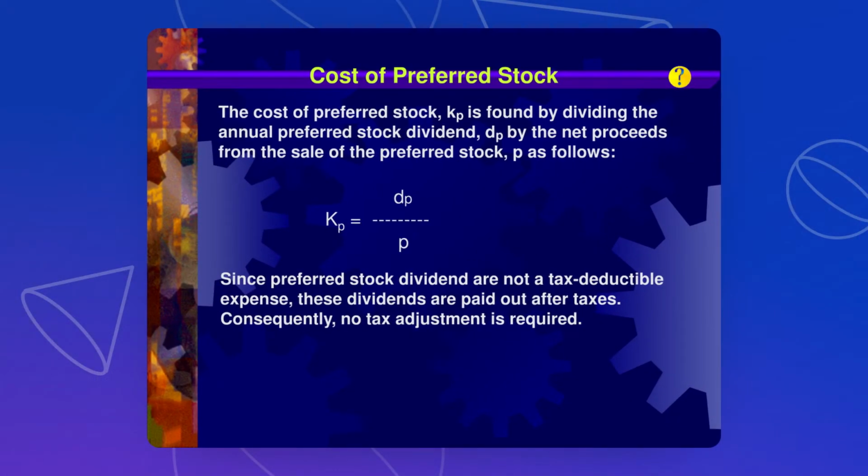In layman's terms, your dividends are not part of the income statement. If it is not part of the income statement, they are not tax deductible, right? There are no dividends in your income statement. That's why no tax adjustment is required. So whatever we computed as the cost of preference shares is already our answer in computing for the cost of preference shares. Very good.